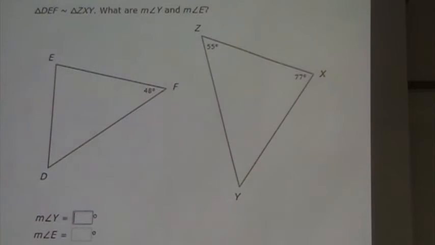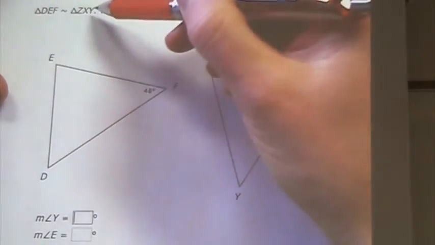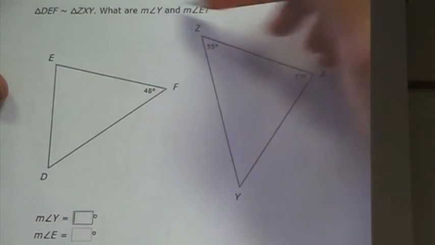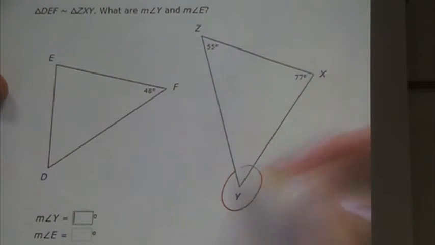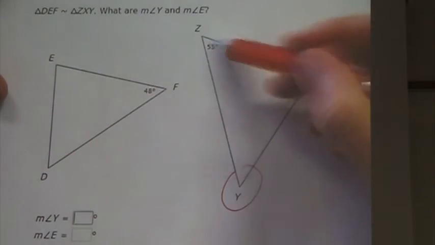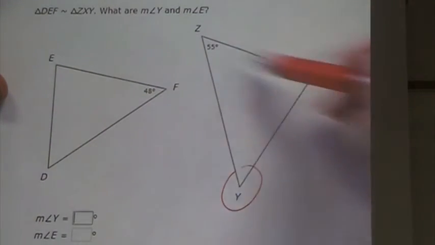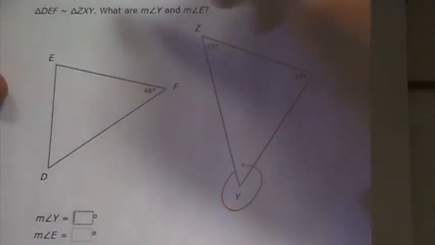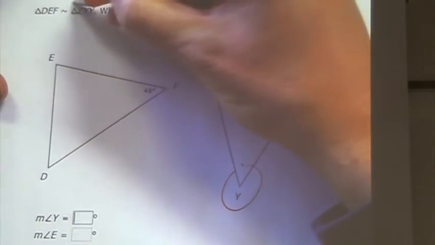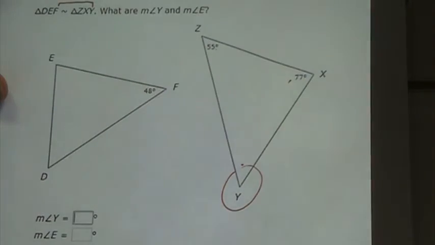Next problems, looks like we're looking for angles. It says DEF is similar to ZYX. What is the measure of angle Y and E? We can figure out the measure of angle Y 2 ways. One, because it's a triangle, we can add these guys together, subtract from 180 to get our leftover. Or we can use the similarity statement and say, hey look, Y is at the end, so is F. What does that mean?